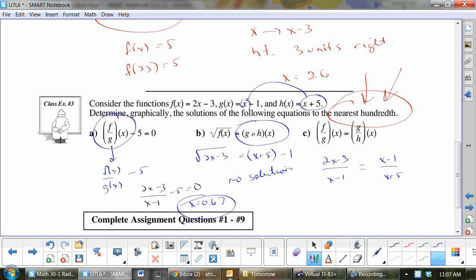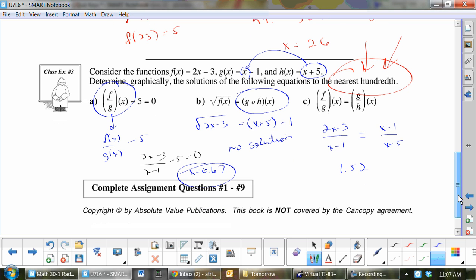Okay. So no solution would be incorrect. So 1.52 is one of them. Is there more than one? Yes, and x equals negative 10.52.